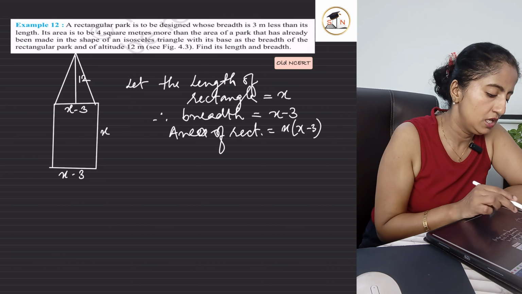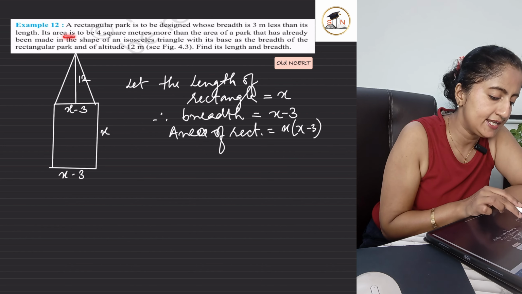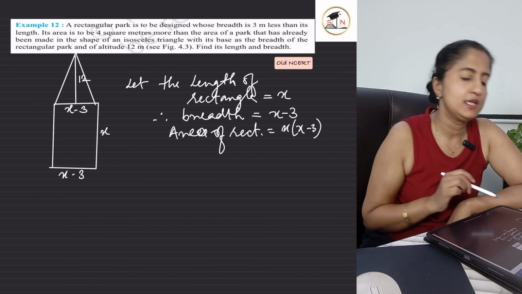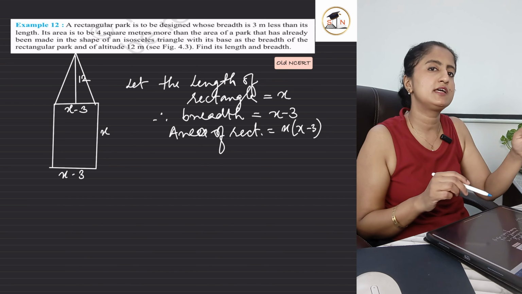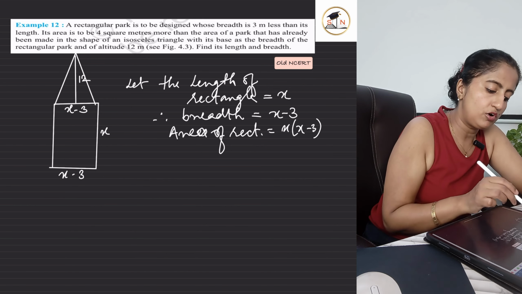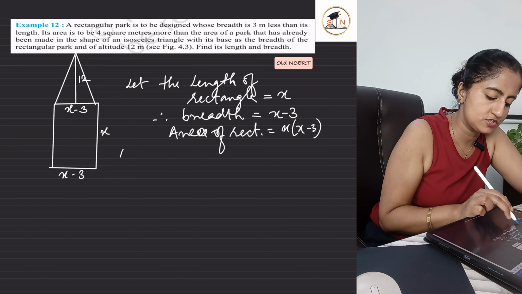Now what after that have they given us? They have told its area is to be 4 square meters more than the area of a park. That means the rectangle's area is 4 square meters more than the triangle's area. Now, according to the dimensions given for the triangle, what is going to be the area?